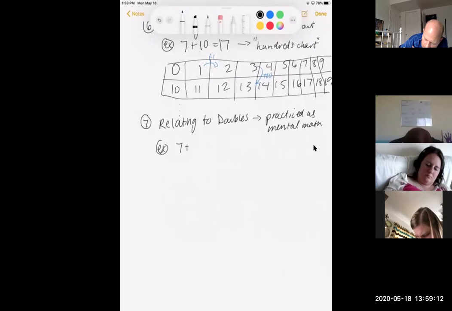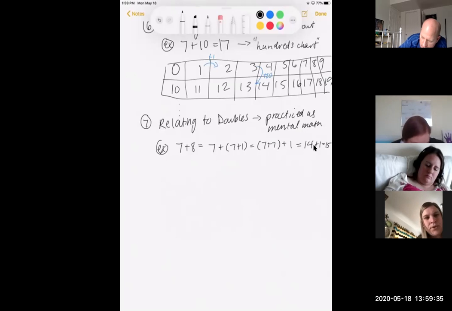If you have 7 plus 8, you can break up the 8 into 7 plus 1. And then you can say, I can add my 7s together and then add my 1 on.